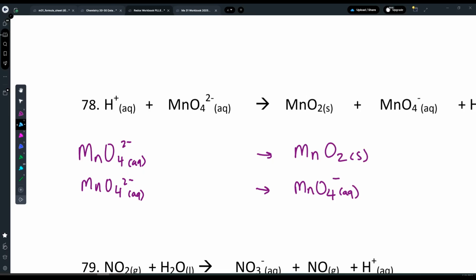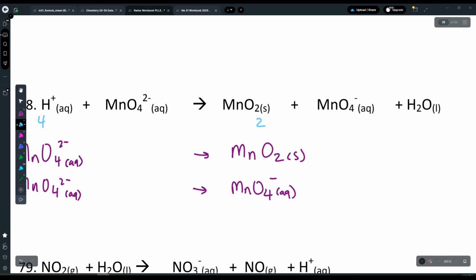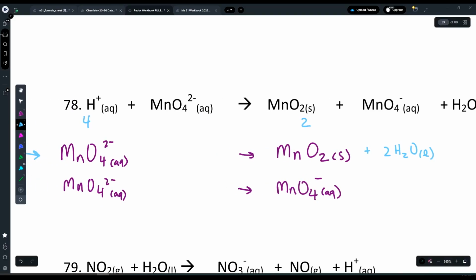On my reactant side for this first reaction, I've got 4 oxygens, and on the product side, I have 2. So I'm going to go to the side that has the least amount of oxygens, and I'm going to add 2 waters. Now I have 4 oxygens on both sides.